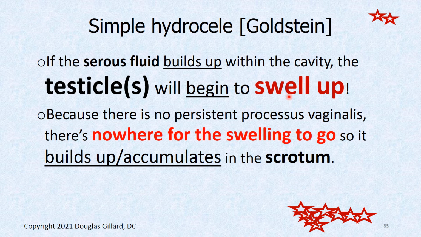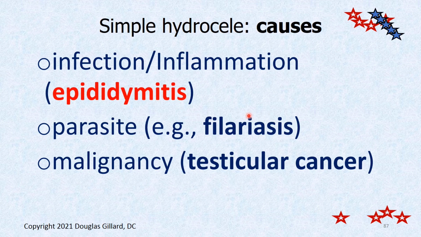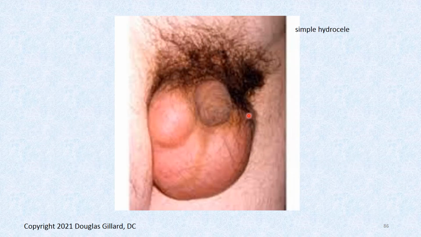Okay, swelling has nowhere to go. The processus vaginalis is not open, so you can't push the fluid up into the peritoneal cavity because that's been closed. So it grows and blows up like this. Right? There's a simple hydrocele in someone with epididymitis, and yep, that can definitely happen. And it doesn't have to be in the tunica vaginalis cavity either. I don't think I said that in my notes.